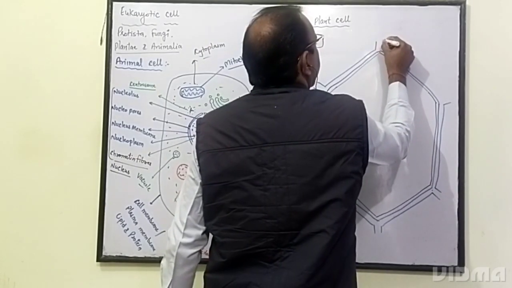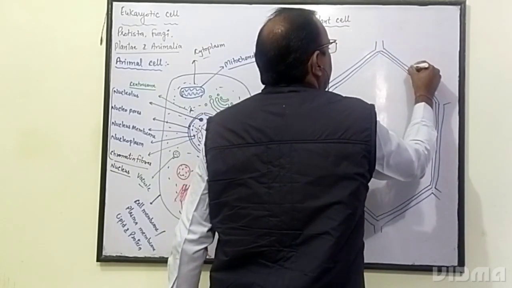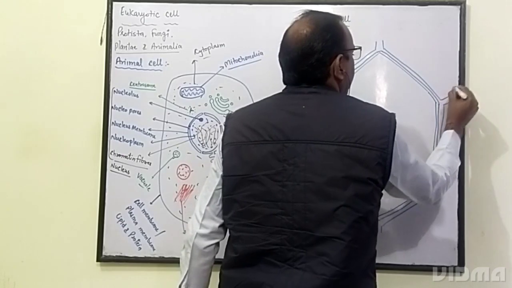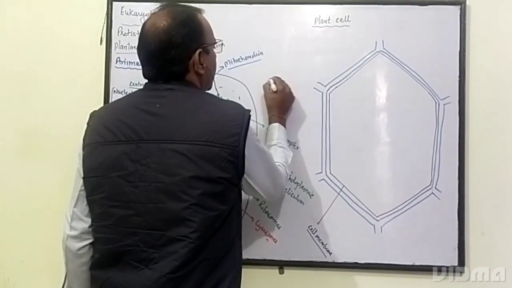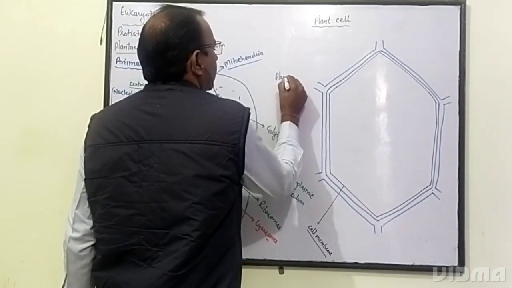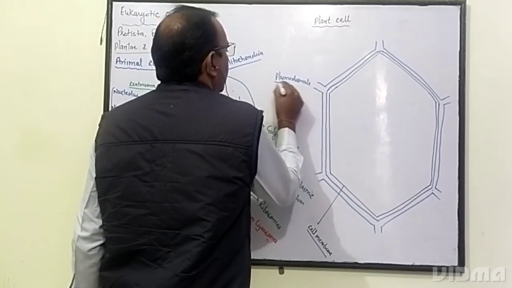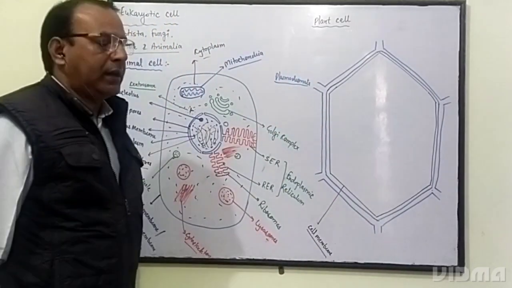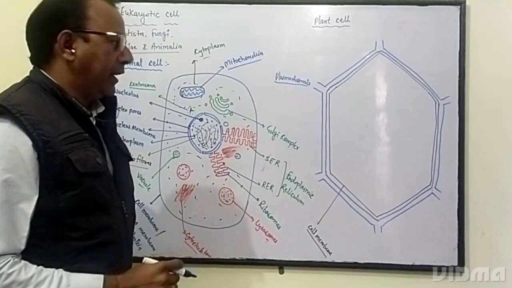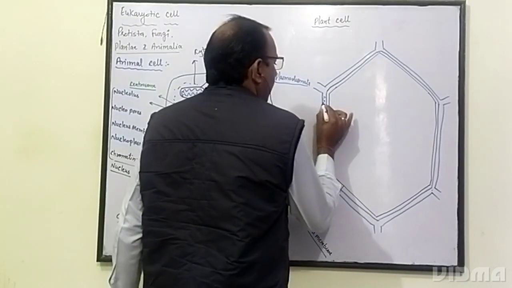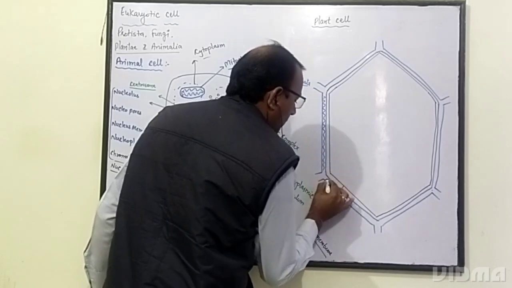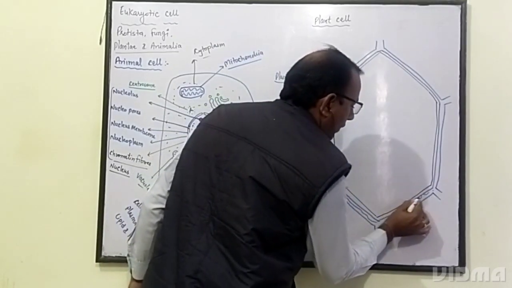There are some pores present in the cell wall. These are called plasmodesmata. Through them, substances may enter into the cell wall and go outside. This cell wall is made up of cellulose.